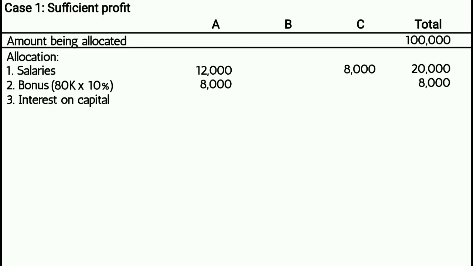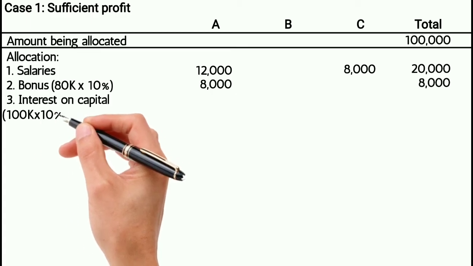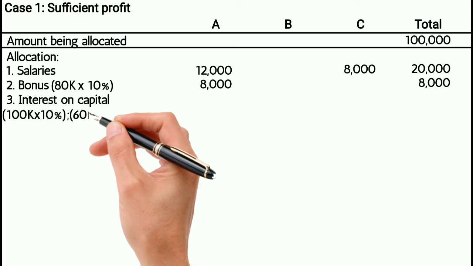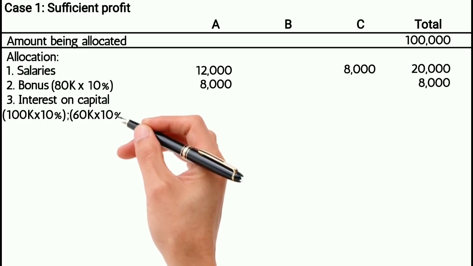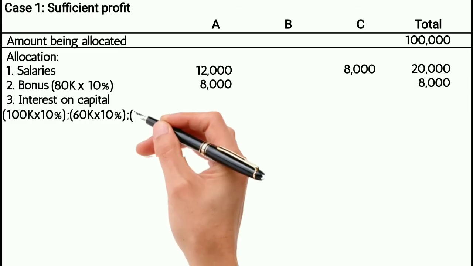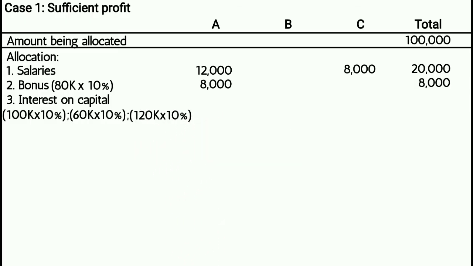At ang capital contribution ni C ay 120,000 pesos. For A, multiply natin yung 100,000 pesos sa 10%. For B, multiply natin yung 60,000 pesos sa 10%. At para kay C, multiply natin yung 120,000 pesos sa 10%.